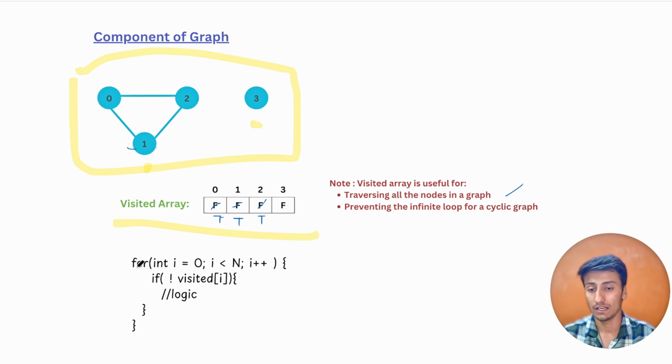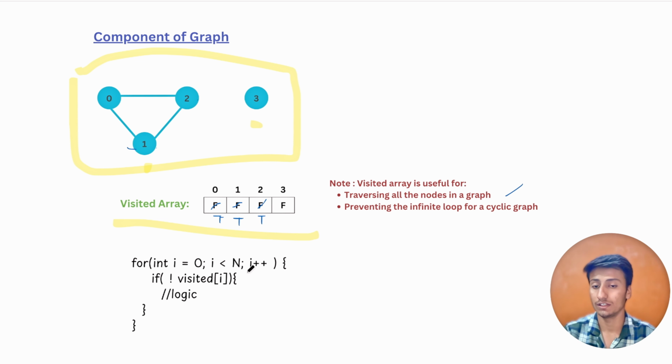For example, I will use a loop from 0 to n, where n is the number of nodes, to go through this array. I will check if visited is false, then we will have our logic. But if it is true, then we move on.